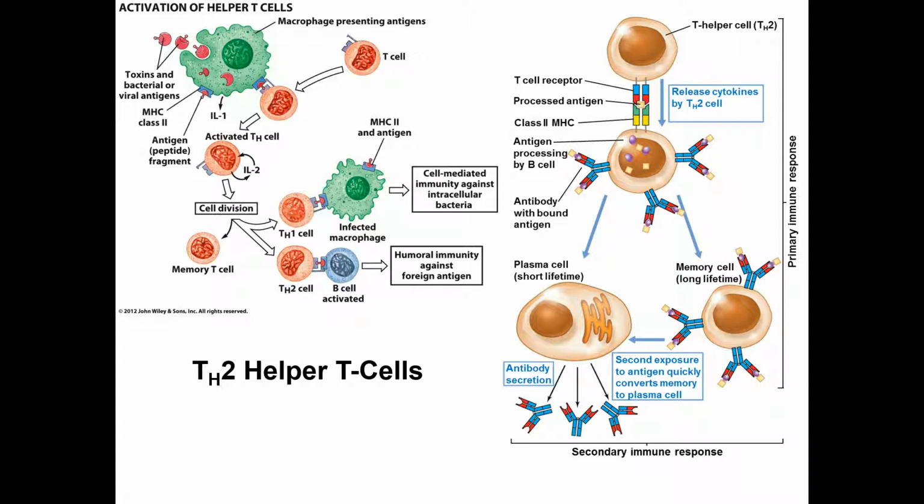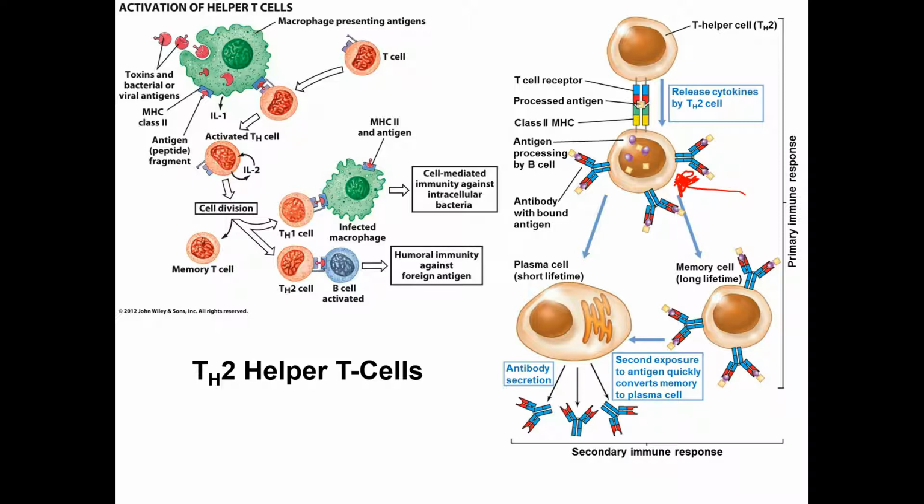Alright, so your Th2 helper T cells stimulate humoral immunity. Here you have your B cell. Your B cell is also an antigen presenting cell.